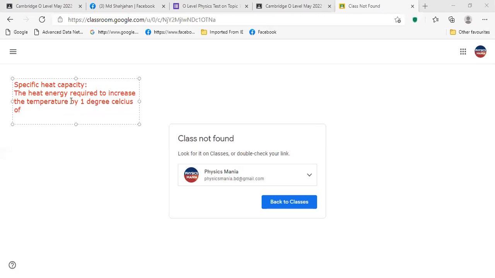Here you add the heat energy required to increase the temperature of a 1 kg object by 1 degree Celsius. It will sound good if we add here 1 kg object. The heat energy required to increase the temperature of a 1 kg object by 1 degree Celsius.